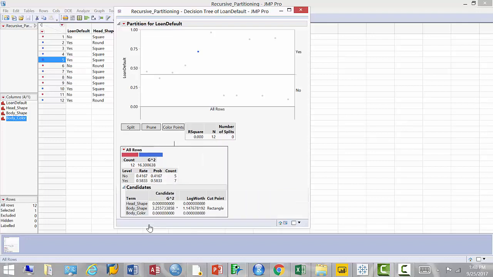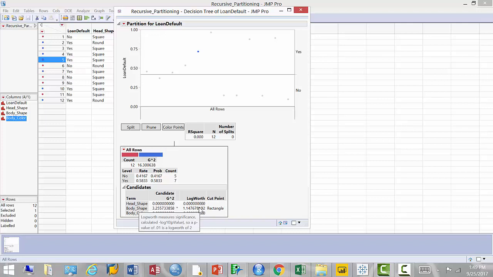And if you click Candidates, it expands. So it says that right now, I can split on 3 different things. I can split the set based on the variable head shape, or body color. And what it does basically is it computes, for each split, a measure called log worth. I'm not going to go into the details because it's even more boring than what I just showed you with entropy.